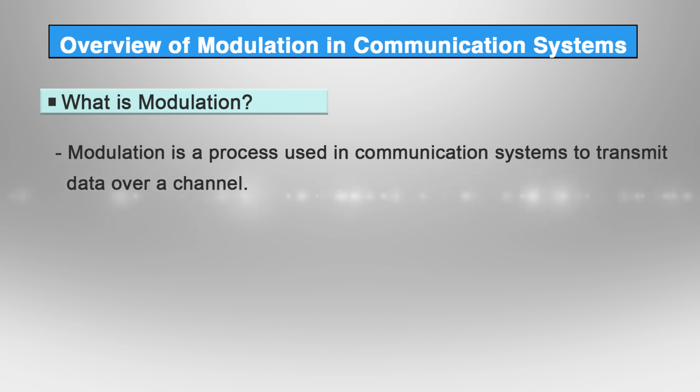The carrier signal serves as a medium to carry the information signal from the transmitter to the receiver. In essence, modulation helps in adapting the data signal for transmission over a medium such as air, optical fiber or cables. Without modulation, transmitting data over long distance would be inefficient and prone to interference.